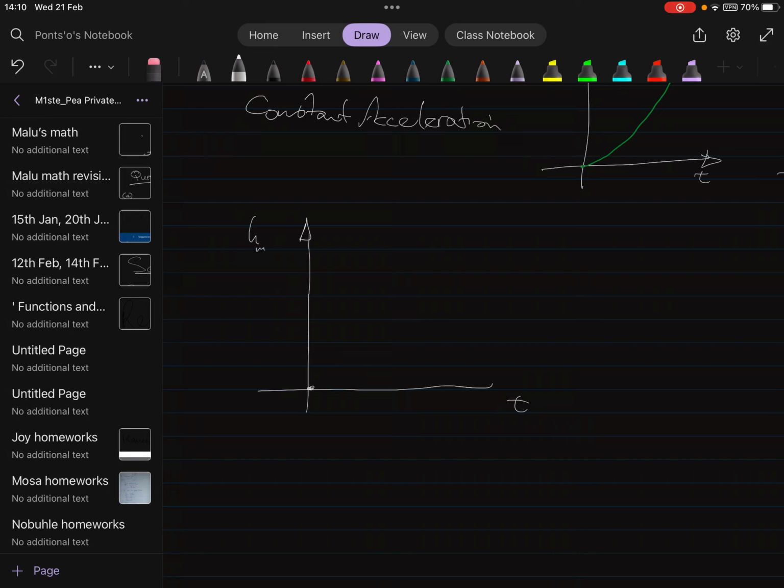It has an initial position x equals 0. So here it's at y equals y1.